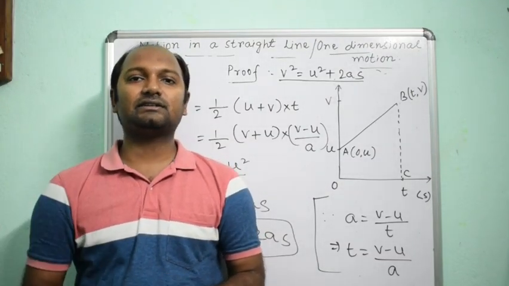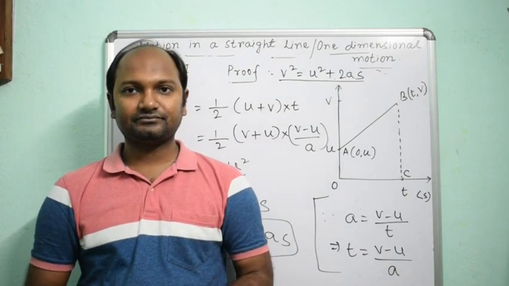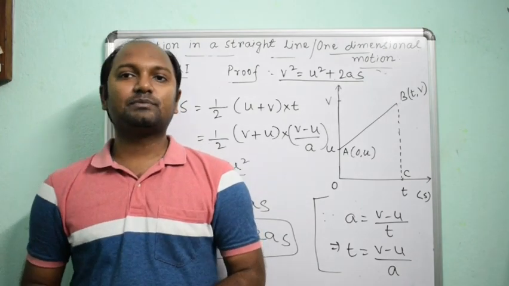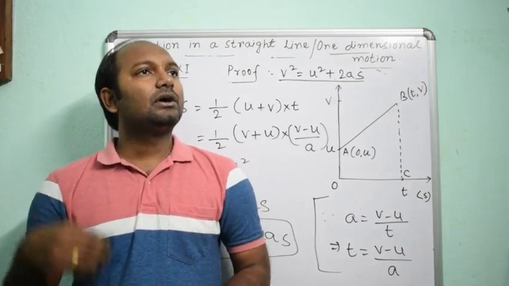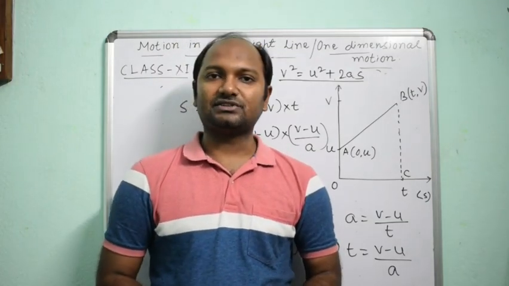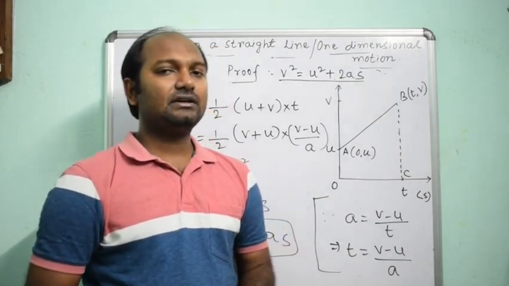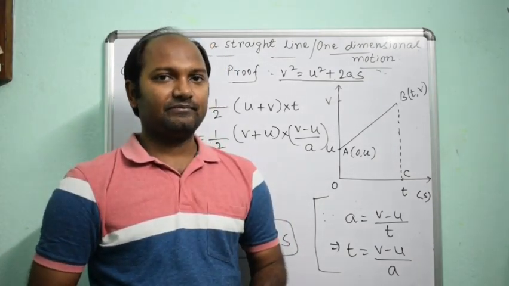But for the tth second, meaning 9th second or 10th second, how to find the displacement? For the first second, initially displacement is 0, so in 1 second if you find the displacement, you get the displacement in the first second.